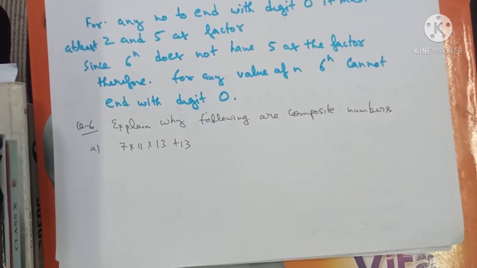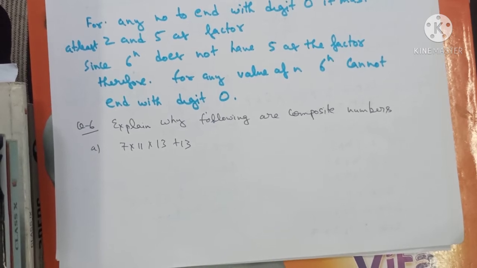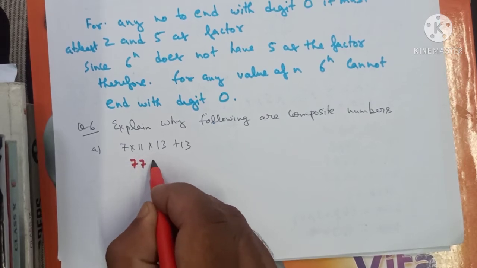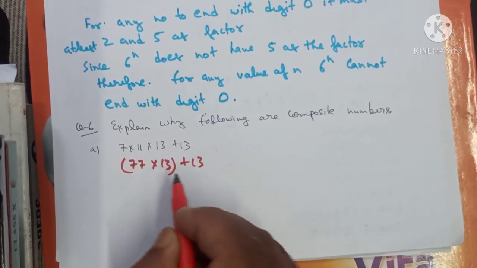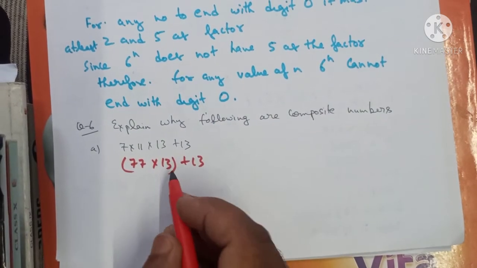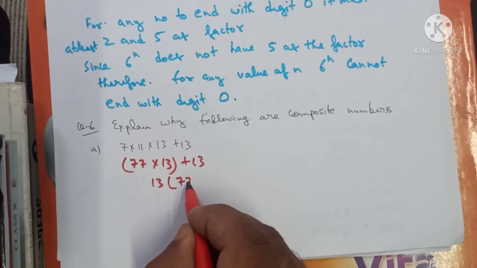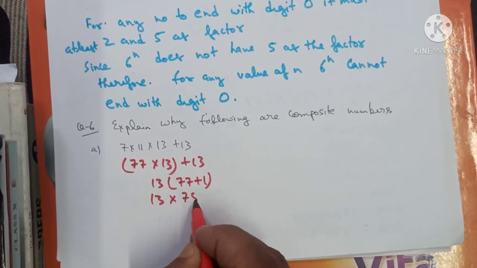Next, question number 6. Explain why the following are composite numbers. So here 7 into 11 into 13 plus 13. Simply we can write 7 into 11 as 77 into 13 plus 13. It is an arithmetic expression with 2 terms, so we can take 13 as common. It will be 13 multiplied by 77 plus 1, that is 13 multiplied by 78.